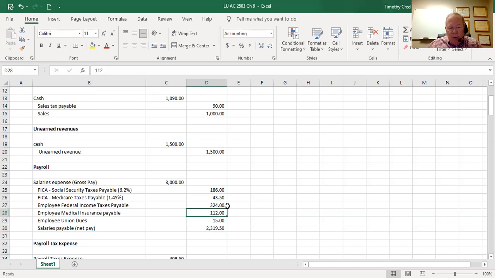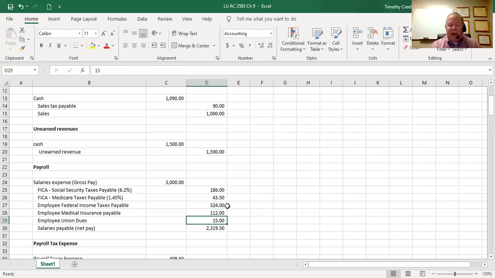Now, employee medical insurance payable. Typically, companies pay a lot of their employees' healthcare benefits, but typically the employee has to pay some. And so whatever the employee is paying for medical insurance, it's taken out of their check. And that's what this represents here.